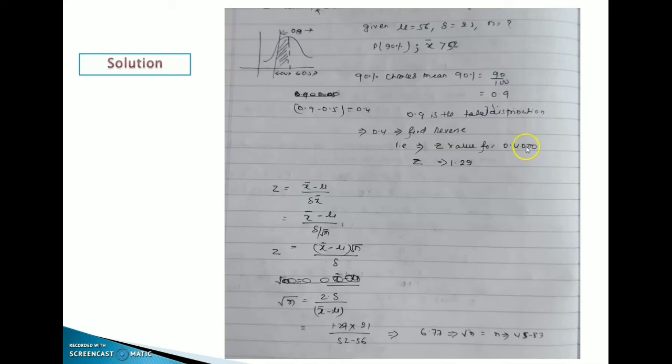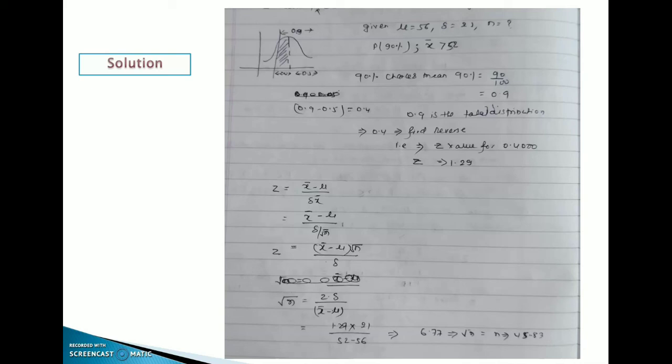Okay, since we know the formula, z is equal to x bar minus mu divided by sigma x bar. Here we have to find n, and how do we find n?